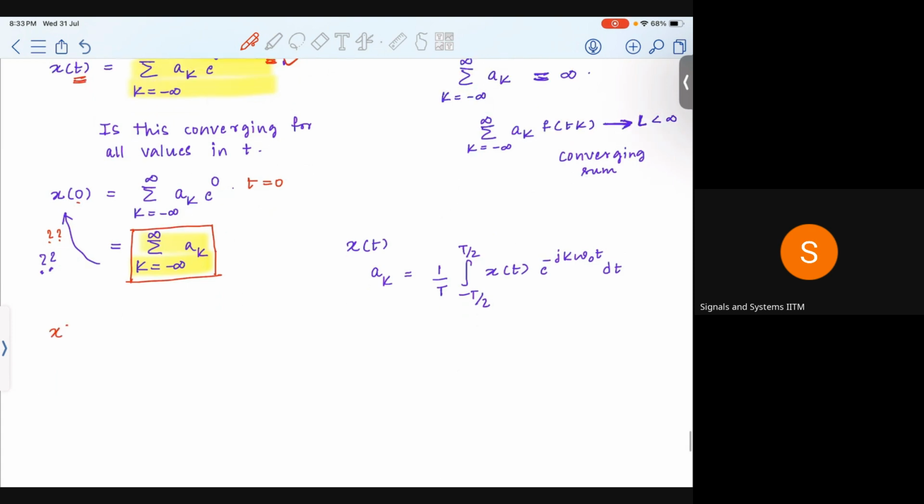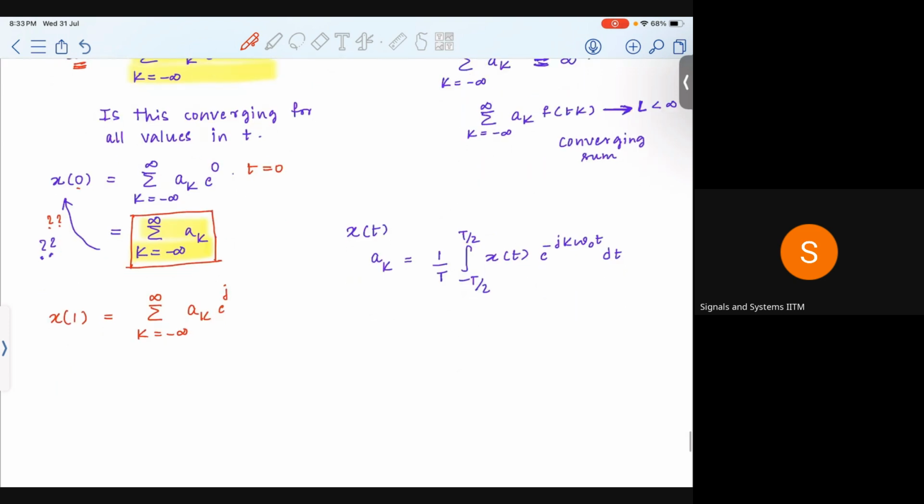Likewise, when t equal to 1, x of 1 is the sum from minus infinity to infinity of ak e power j 1 omega naught t. So is this equality true? I mean, does this sum converge to x of 1? When you solve this summation, will you get x of 1?